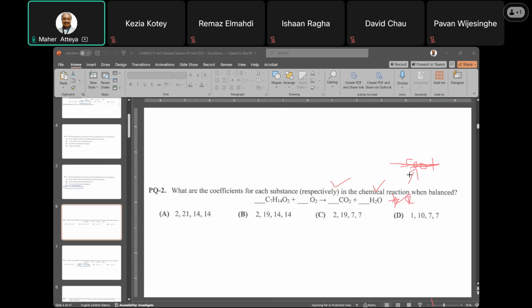But with combustion, the ratios can be very, very high, since you need complete combustion with no soot, so the amount of oxygen will be large. Which one is correct, A, B, C, or D? Take a piece of paper and run those through.